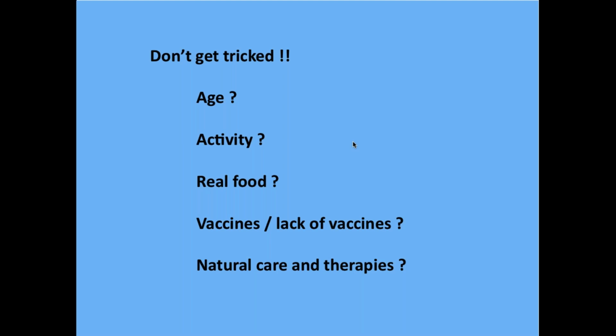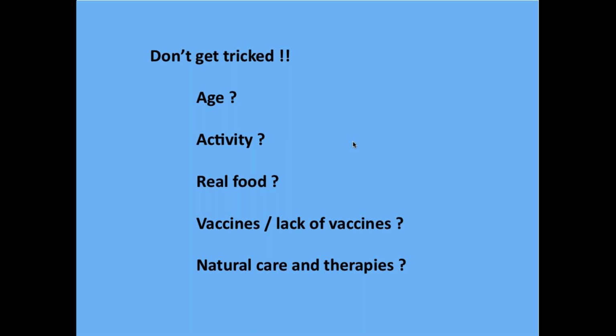Some of the things I've found over the years is that people get tricked by things, and so they presume, for instance, that age has something to do with vitality. A lot of times we'll see cases written up or presented that say, oh, he's a young dog, so he's vital, and because of this we're going to do this or this or manage this or that.